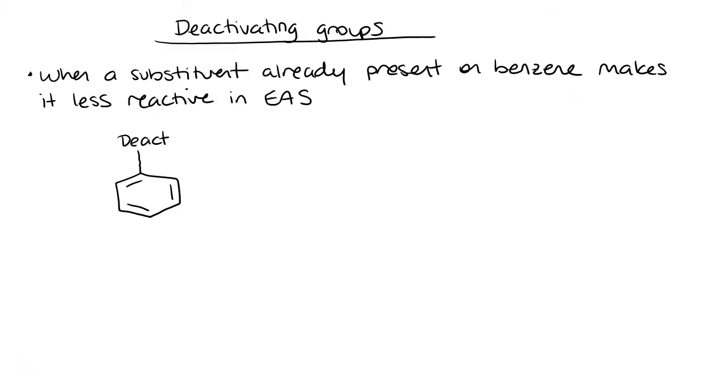Now, deactivating groups are kind of the opposite of activating groups. And a deactivating group is when a substituent that's already present on the benzene ring makes the benzene ring less reactive in electrophilic aromatic substitution. So a deactivating group actually withdraws electrons from the benzene ring.